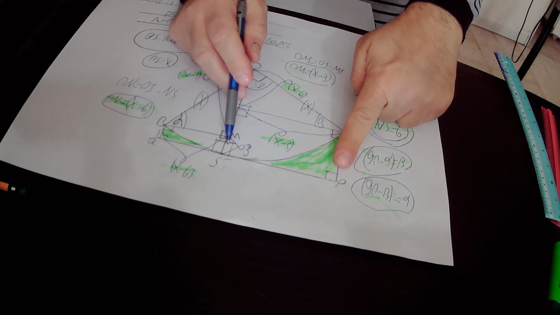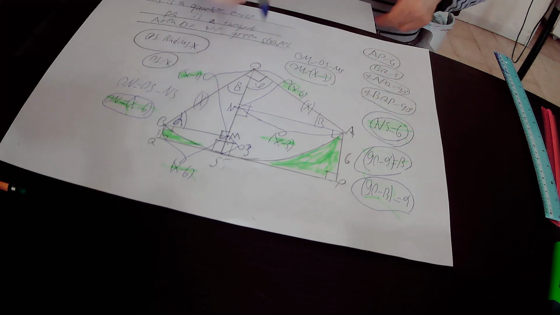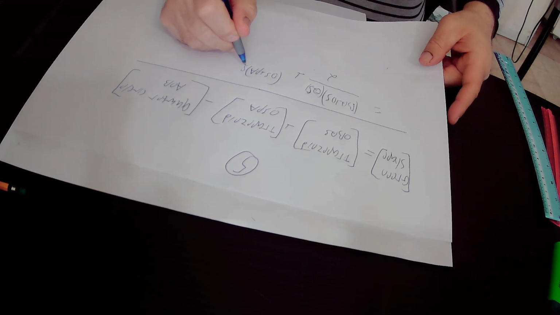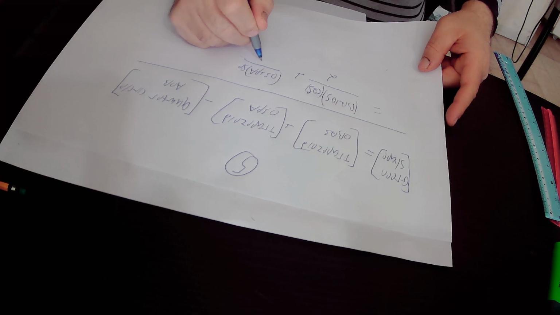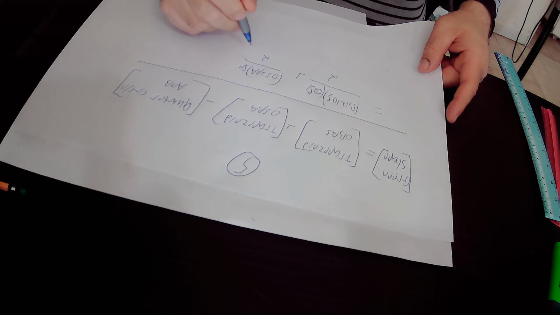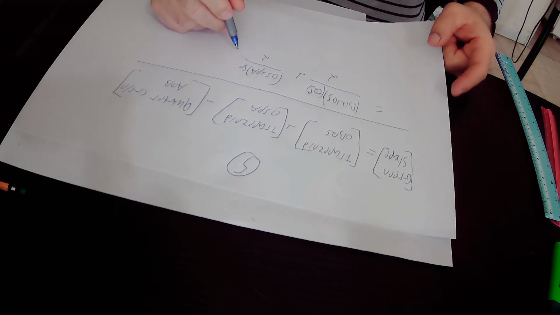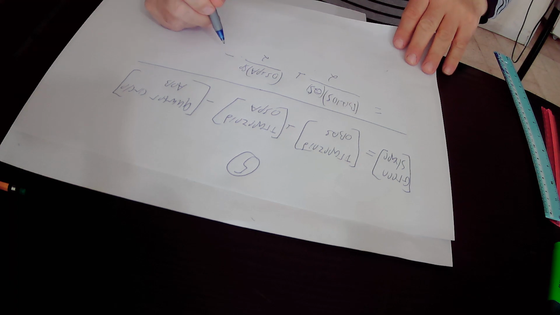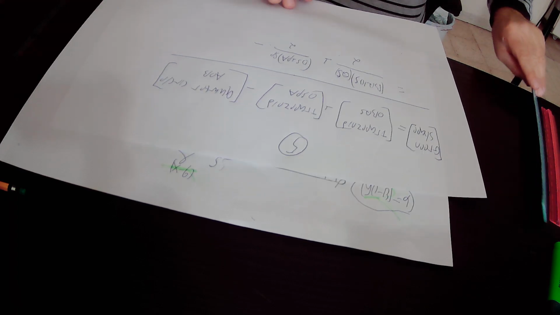Those two angles are both right angles. So the height is SP divided by 2. In conclusion, we found out that the area of trapezoid OSPA equals the sum of its bases, OS plus PA, times the height, SP over 2, minus the area of the quarter circle A or B.